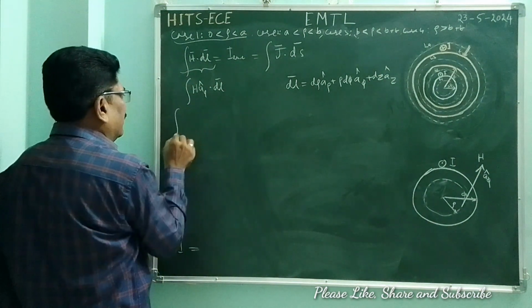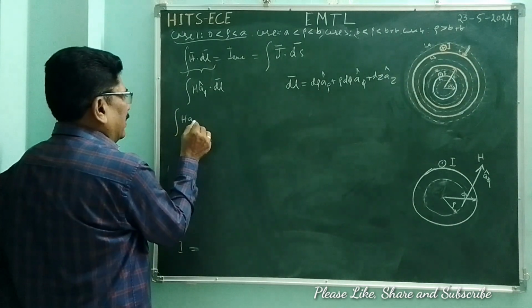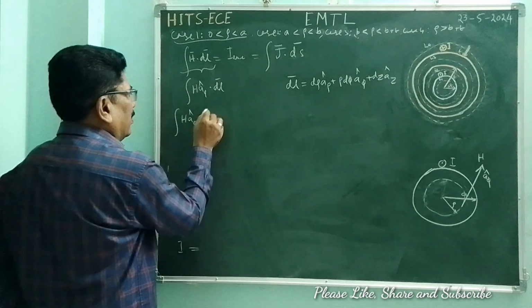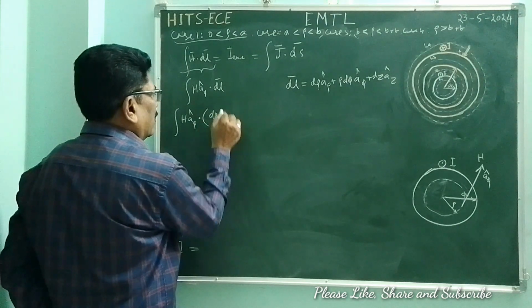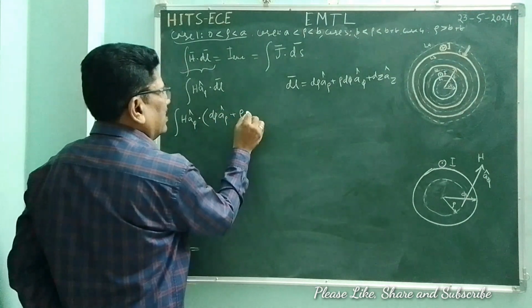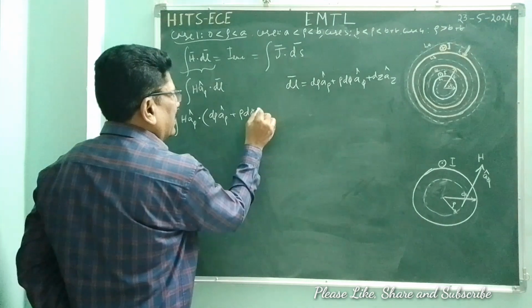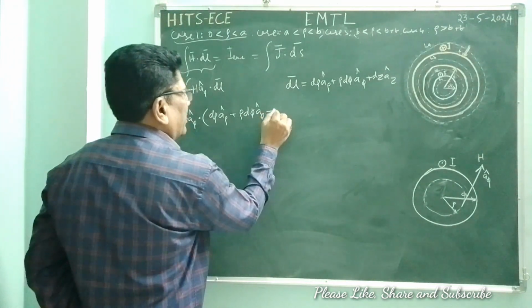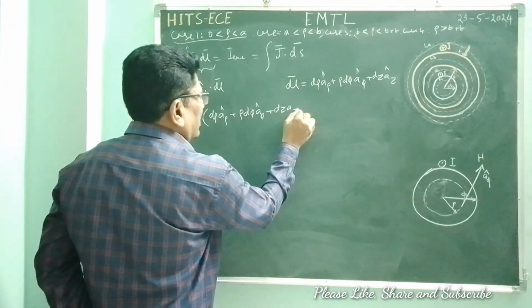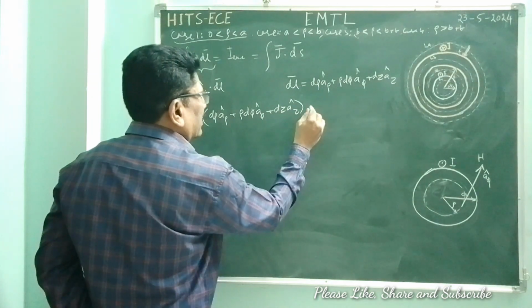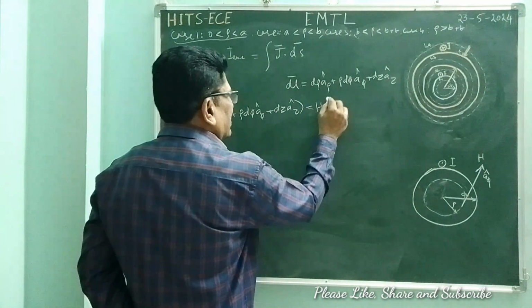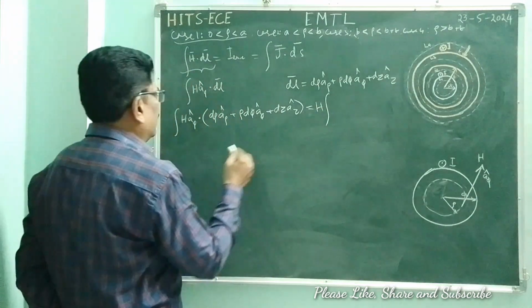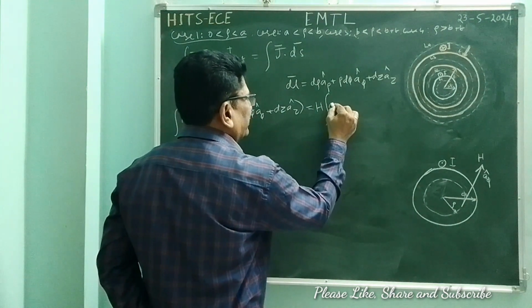So the integral of H a phi cap dot dl, with d rho a rho cap plus rho d phi a phi cap plus dz a z cap, is equal to the integral in which I take out H, since it is constant, times a phi cap.